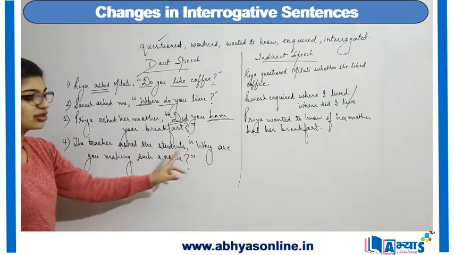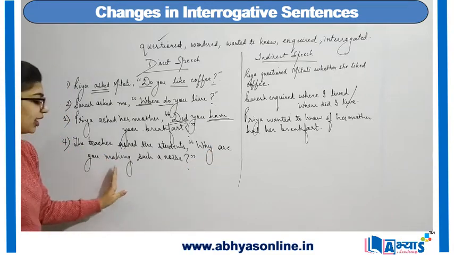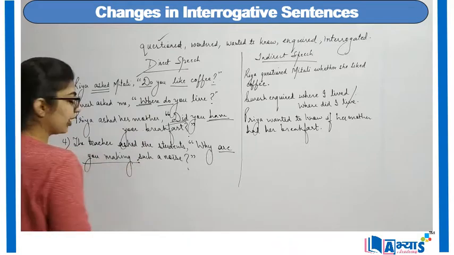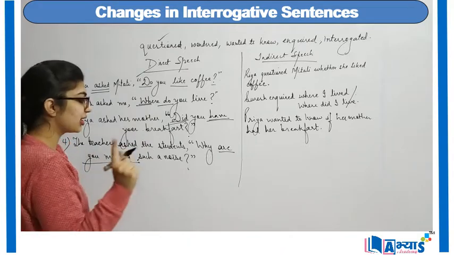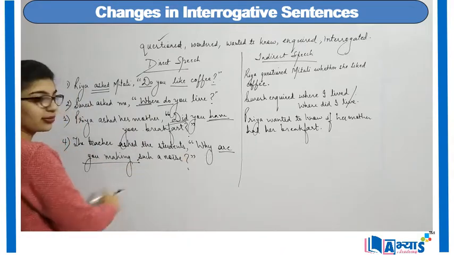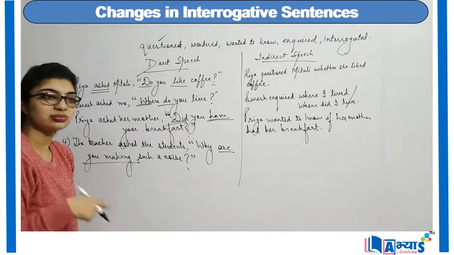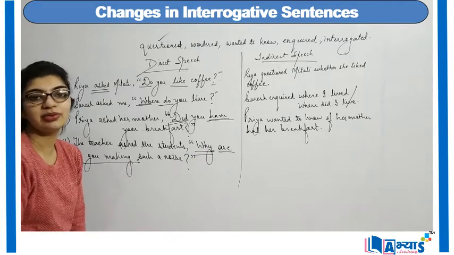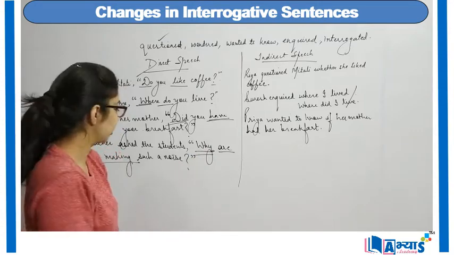The teacher asked the students, why are you making such a noise? Now, are you making will change to present continuous, will change to past continuous, and since why is a WH word, therefore the subject will remain the same.